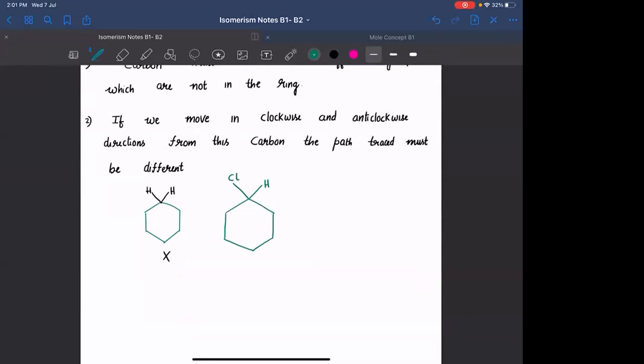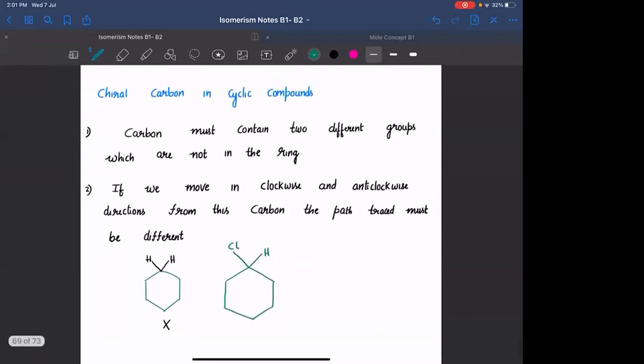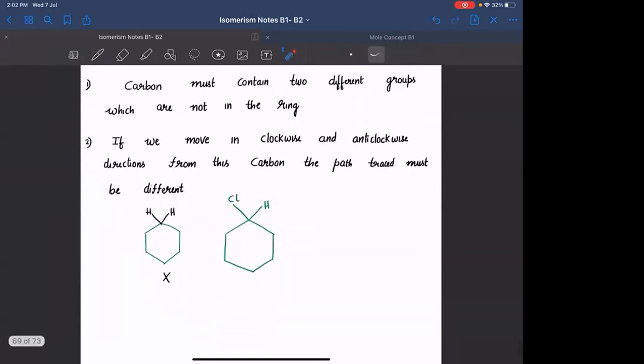Is the first condition satisfied for this compound? The carbon must contain two different groups which are not part of the ring. You are having a hydrogen and chlorine. Is it satisfied? Agreed? Okay. ये वाला कार्बन बाकी कार्बन्स के लिए कंडीशन satisfy नहीं हुआ. So you need to check only this. Clear? क्योंकि बाकी कार्बन्स के लिए you are having hydrogens. Is that clear?